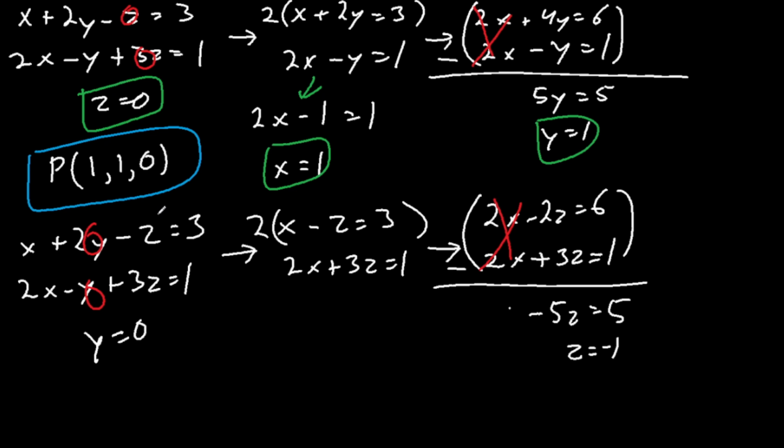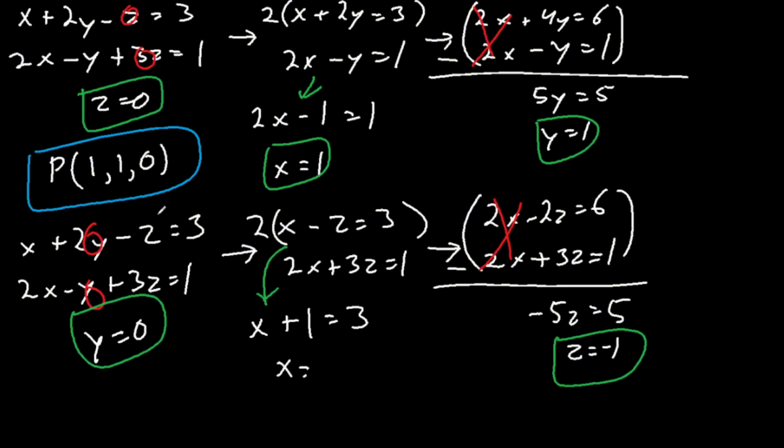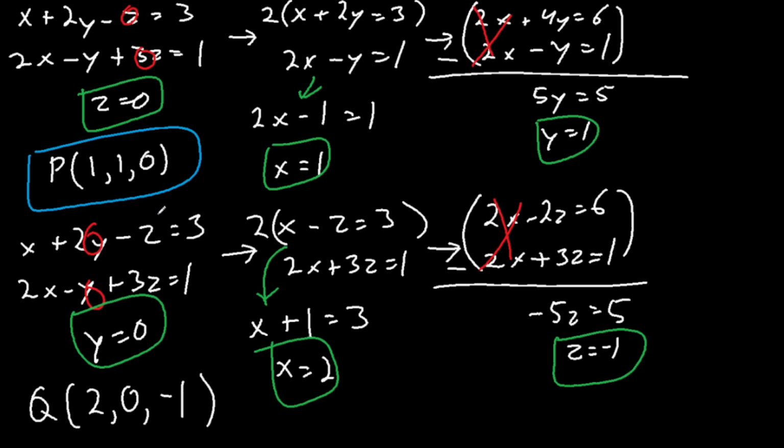So y is equal to 0, z is equal to negative 1, and let's plug z equal to negative 1 into the equation to get x is equal to 2 here. So our 2 points are point P and point Q, which is (2, 0, -1).